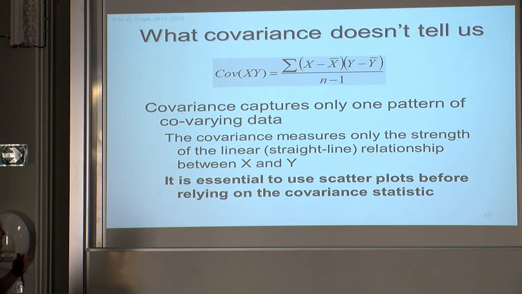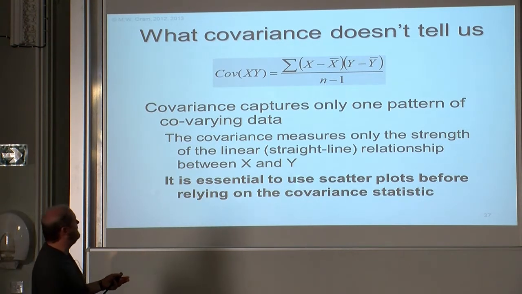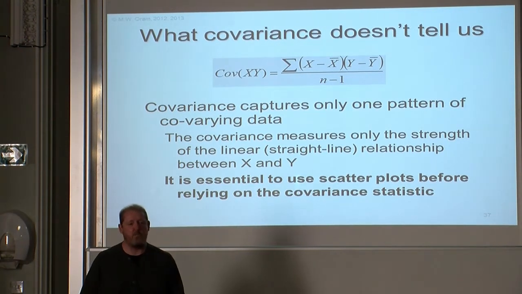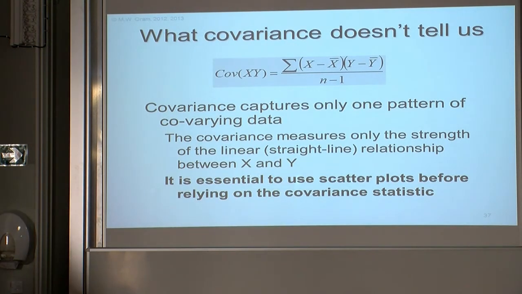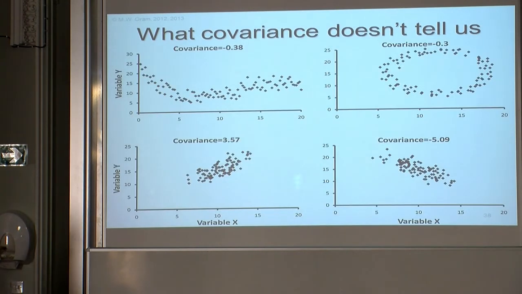Okay, the trouble with covariance is that it captures only this one pattern, this linear relationship. So when you're calculating something like a covariance or a correlation or a regression, in fact, the most important thing to do is to look at the scatter plots. So here the covariance is minus 0.38 or minus 0.3, essentially 0, but there is a relationship here, most notably here.